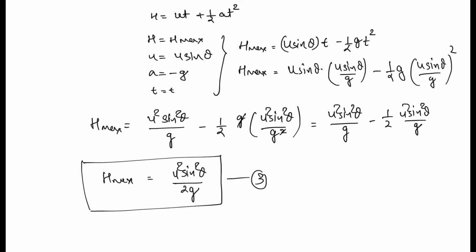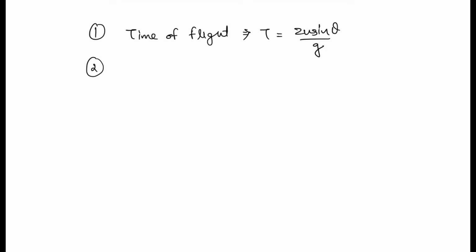Okay, so we have basically 3 important equations of projectile motion. One, time of flight, capital T is equal to 2u sin theta divided by g. Another, horizontal range, R is equal to u square sin 2 theta divided by g.